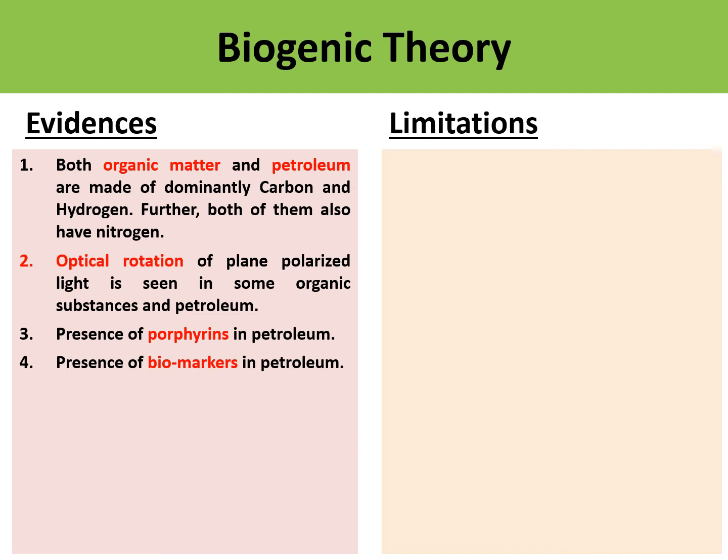Also, there is the existence of biomarkers in petroleum that suggest the origin of the organic compound, whose carbon structure can be traced back to living organisms. So this is what we call biological markers.